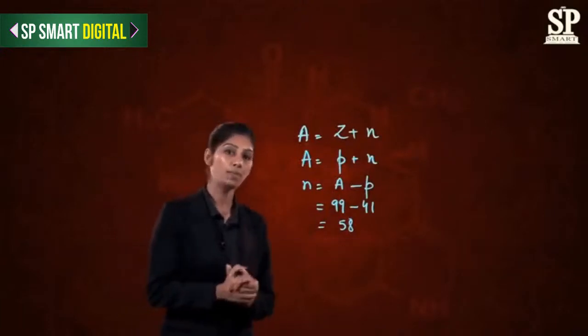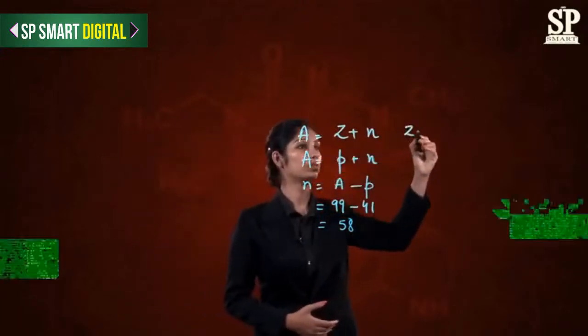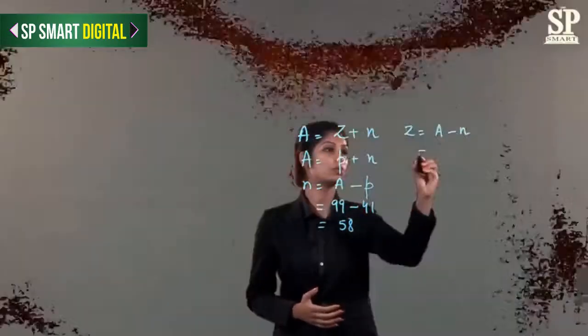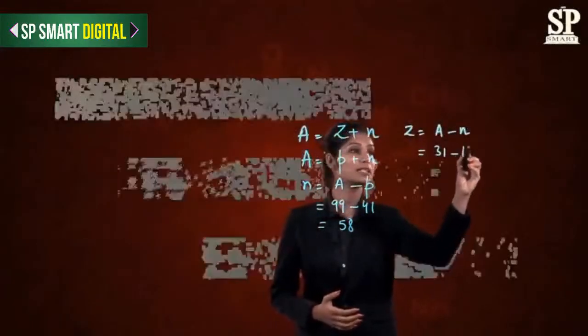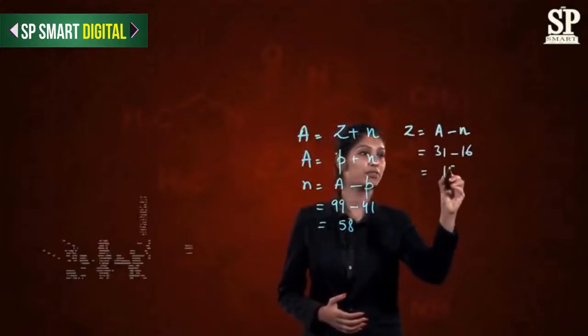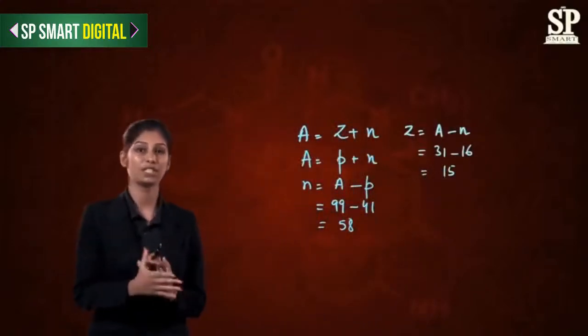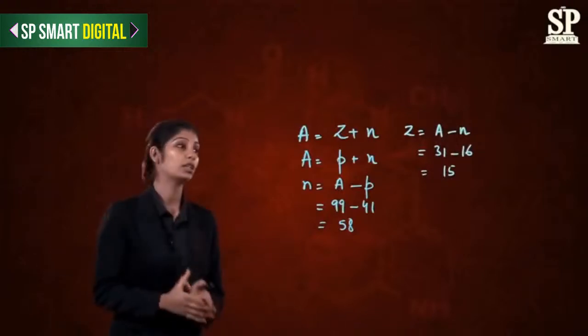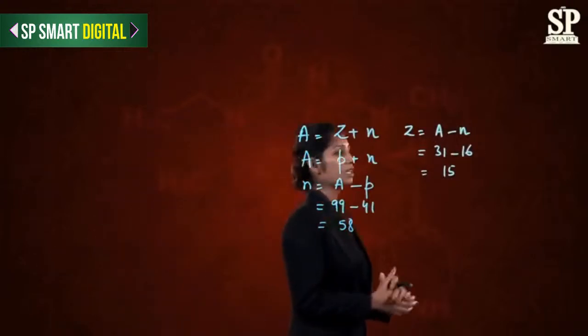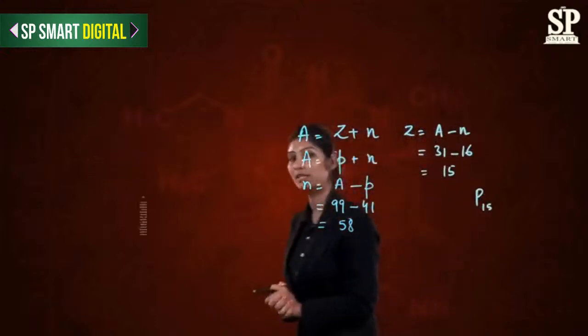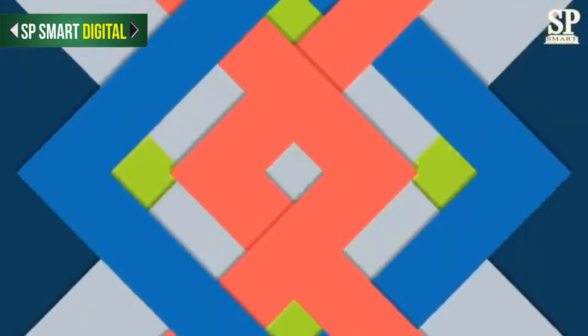So the atomic number is equal to mass number minus neutrons, which is equal to 31 minus 16 equals 15. So this way we have got atomic number of this element. Now the atomic number of phosphorus is 15. So which means this element is phosphorus.